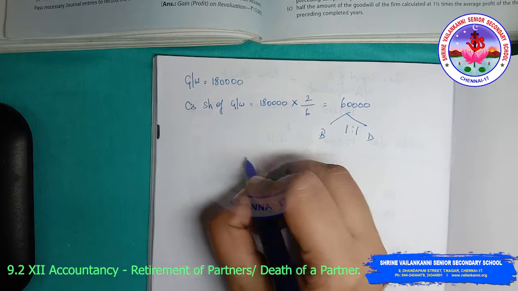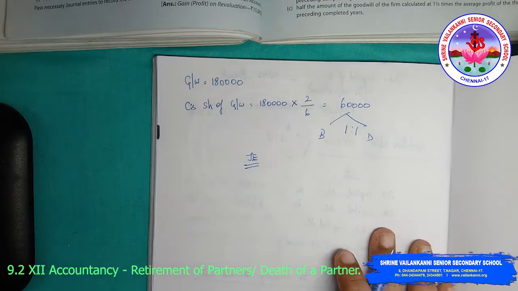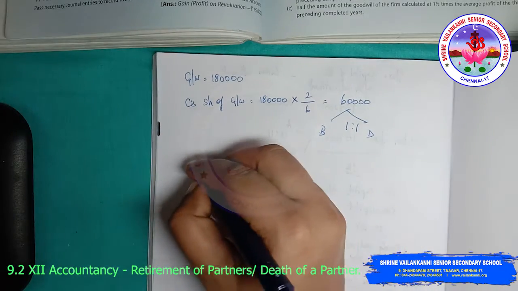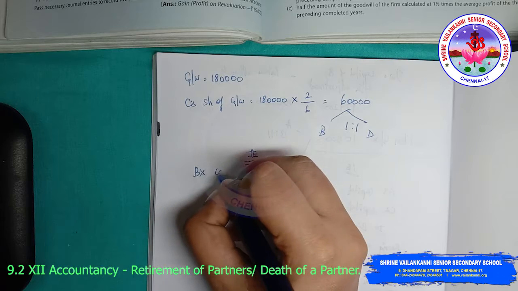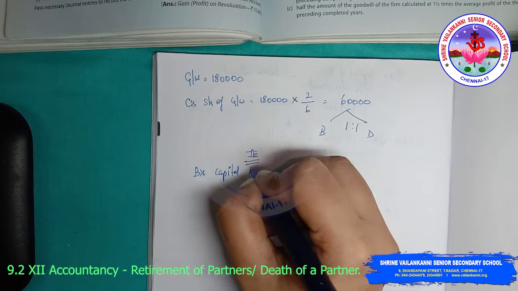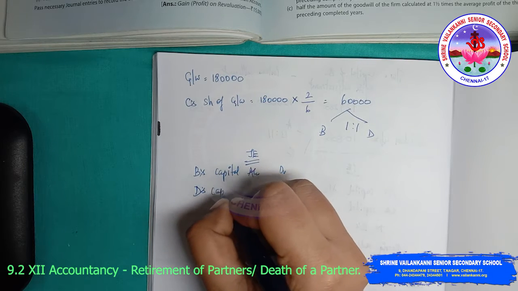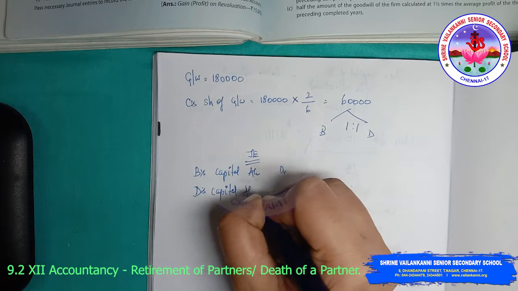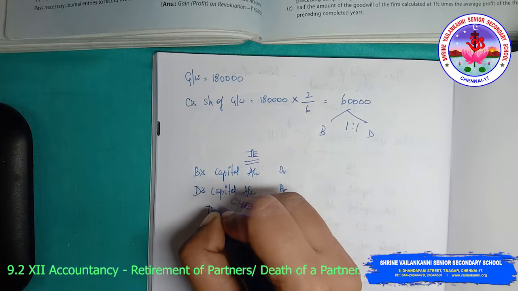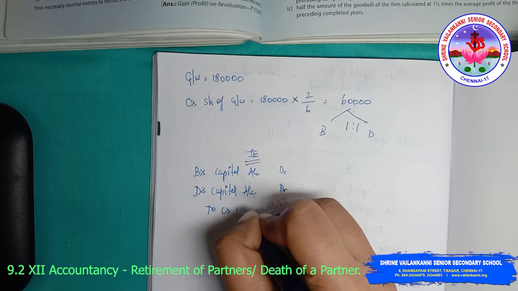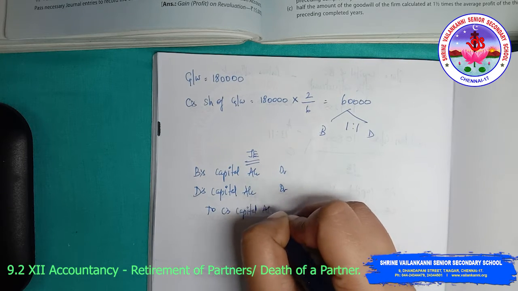So the journal entry is going to be: B's capital account debit and D's capital account debit to C's capital account.